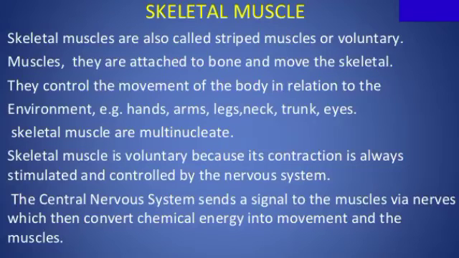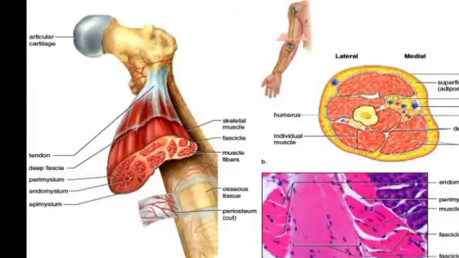Skeletal muscle is voluntary because its contraction is always stimulated and controlled by the nervous system. The central nervous system sends a signal to the muscles via nerves, which then convert chemical energy into movement. These muscles move or act according to one's will, such as the muscles of the hand, feet and leg.